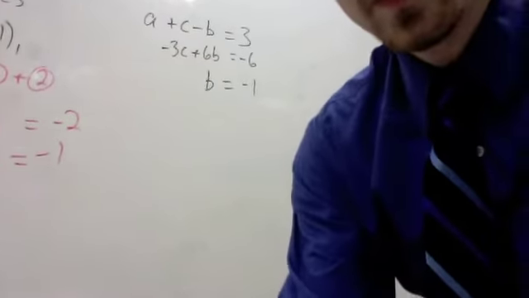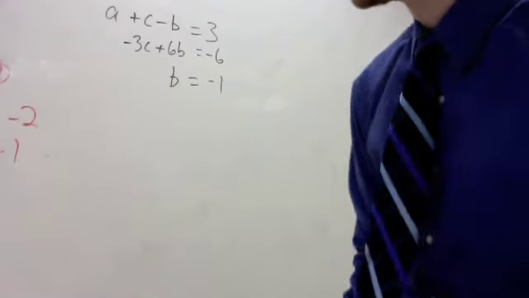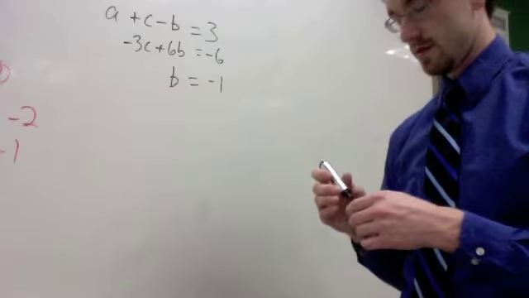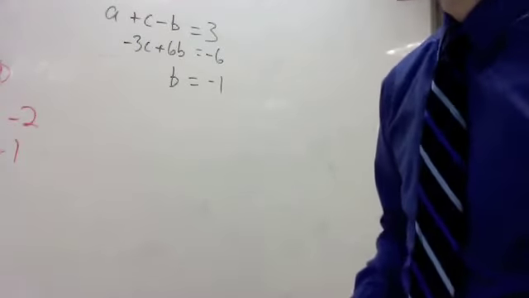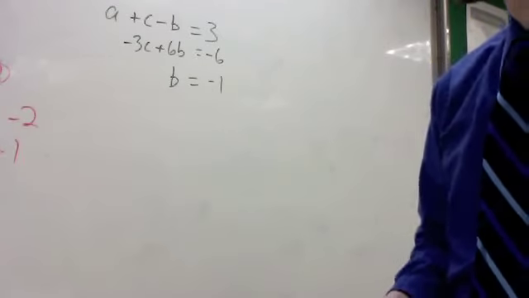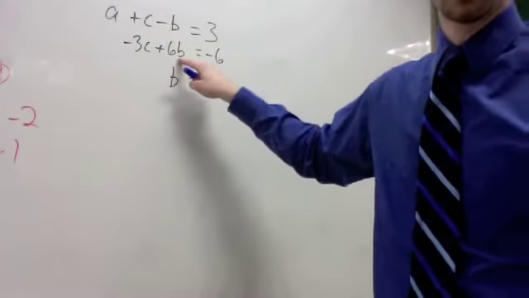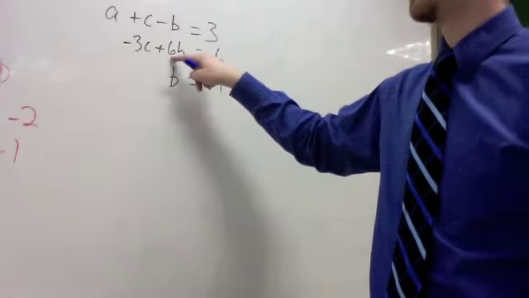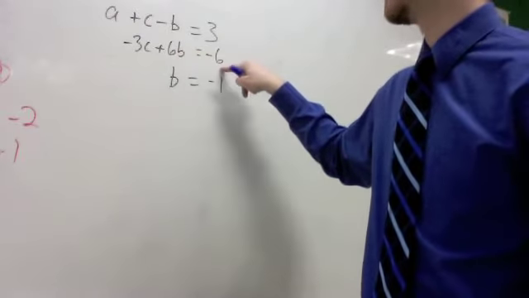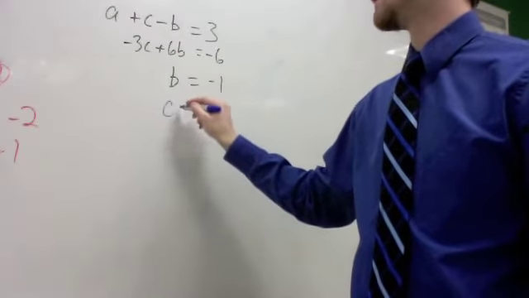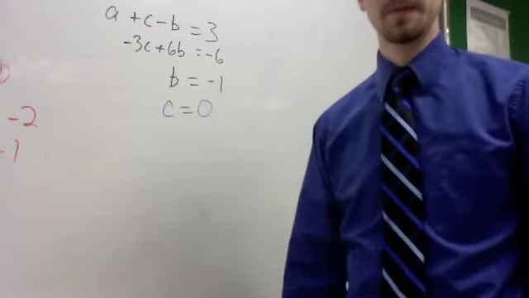And from there, we can just do back substitution to solve for our c and a. We plug in negative 1 here. 6 times negative 1 gets us negative 6. We add that over, we have 0. So from our second equation, we get that c is 0.